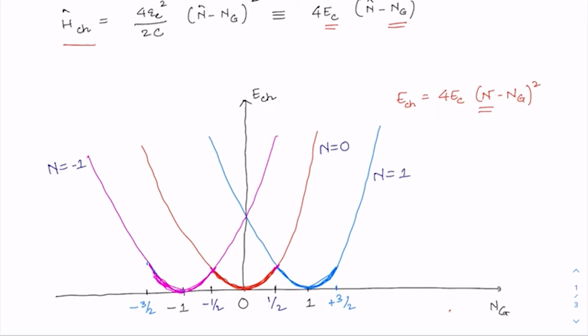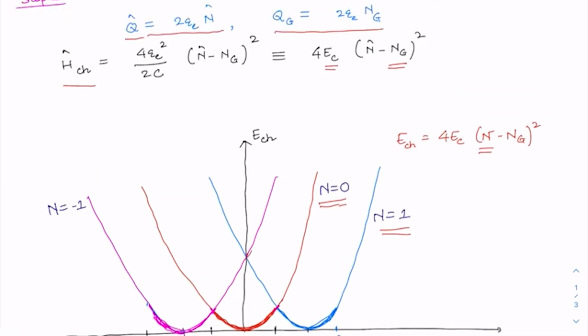For N_g lying between minus half and plus half, the preferred ground state is n equal to 0, while for N_g lying between plus half and plus 3 by 2, the preferred ground state corresponds to n equal to 1, and so on. We basically get an array of parabolas for various numbers of Cooper pairs.